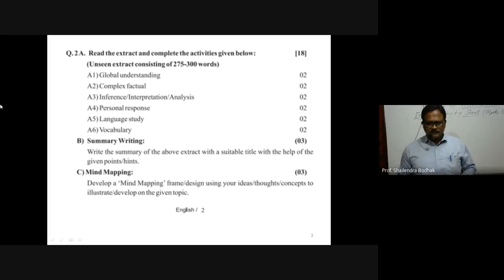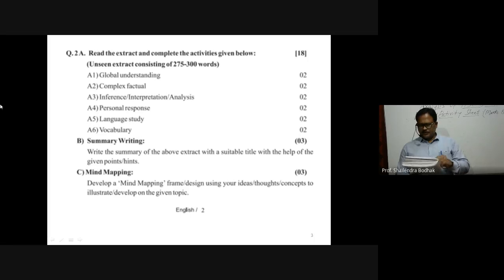points will be given. You have to make a table or chart or like a web diagram, and then inside it you can write benefits of reading, and then you can draw branches, no? And you can write those topics which I have told you now, and then you can add sub branches to it. Okay.